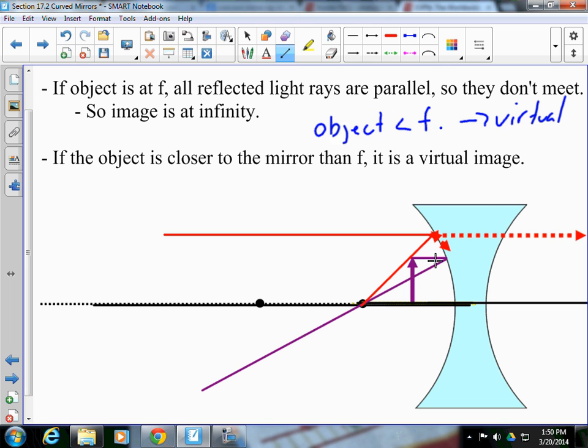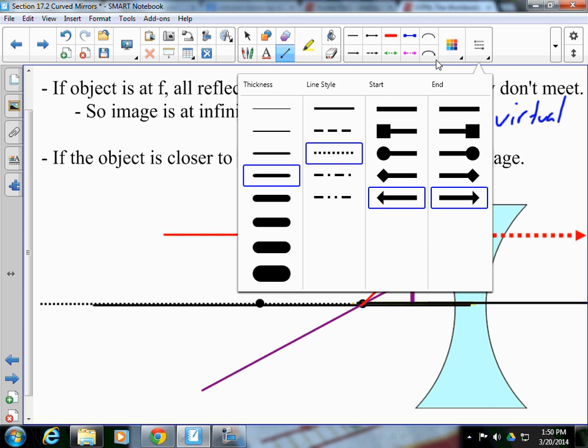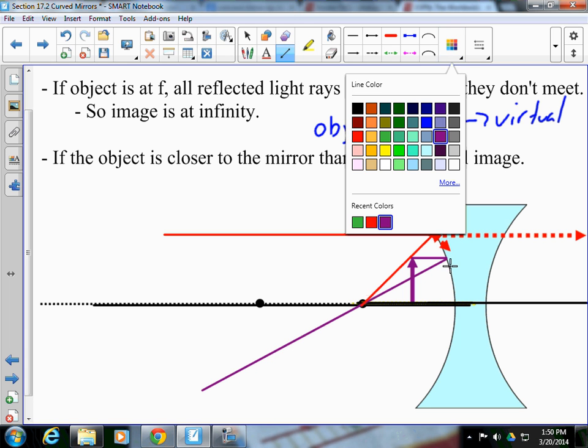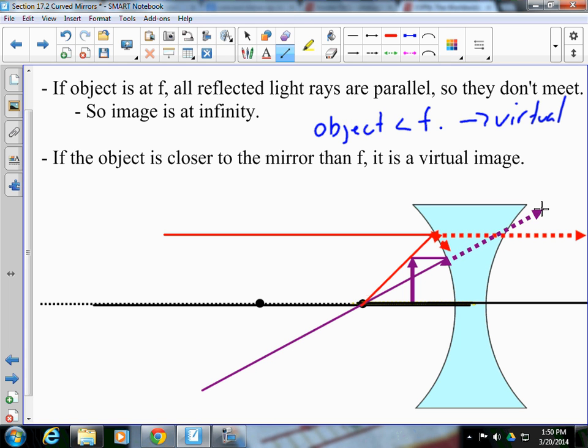And this one bounced off at an angle, so if we take the purple line, and keep going through, what you see is they meet. Right? Those lines meet. Where do they meet? They meet on the other side of the mirror, and what we get is an object that looks like that.